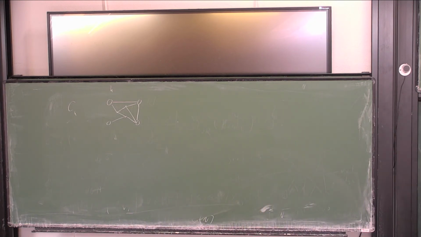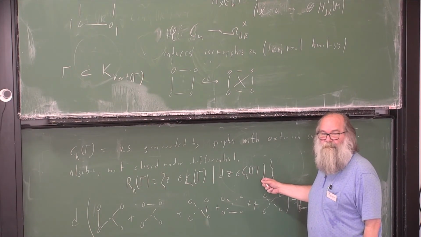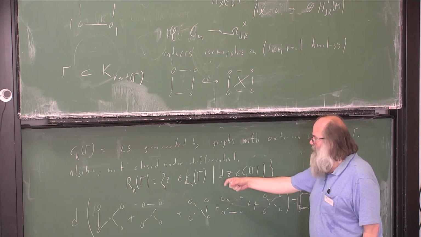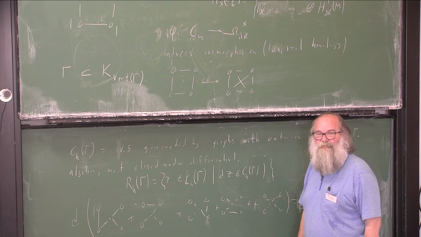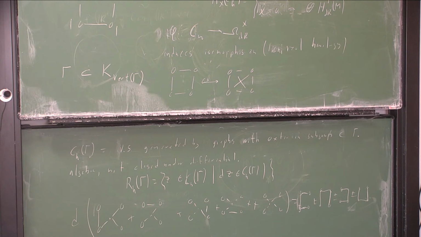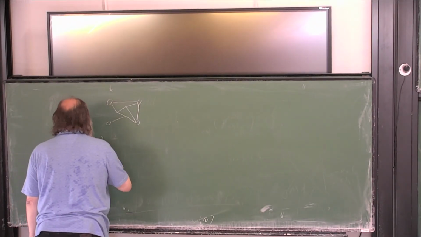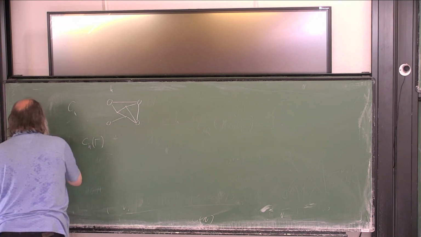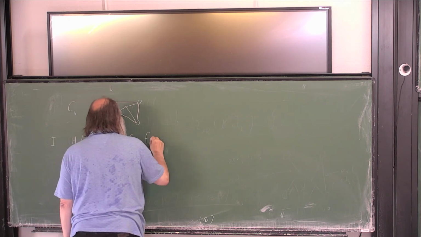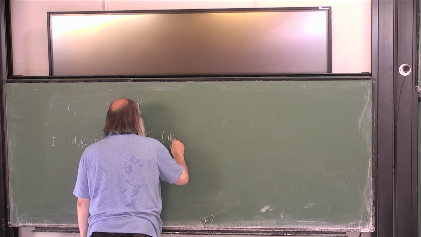And now I'm defining, relative to gamma, a sub-DGA of that. I mean, if you check this, you can see it's an algebra. So now you have this CK of gamma, and you want to prove some things. So first you want to prove that H naught is the configuration space of gamma in R n.